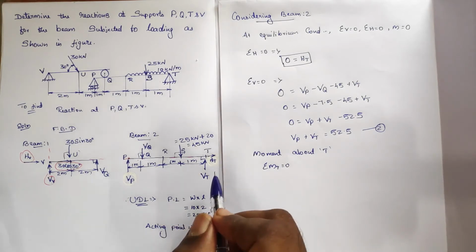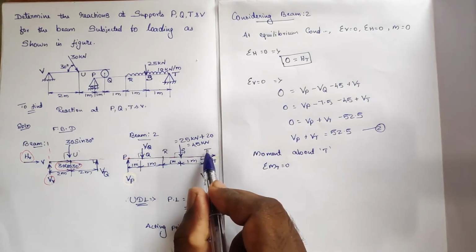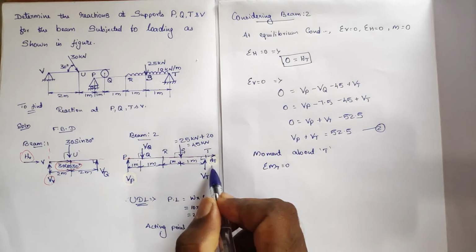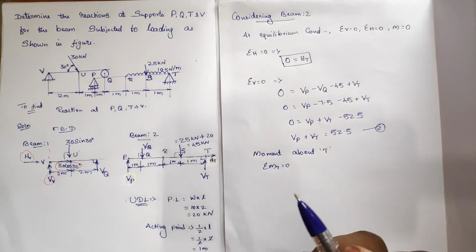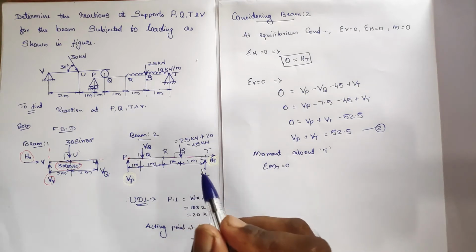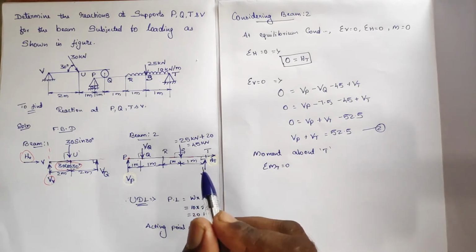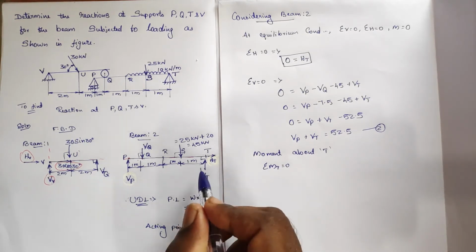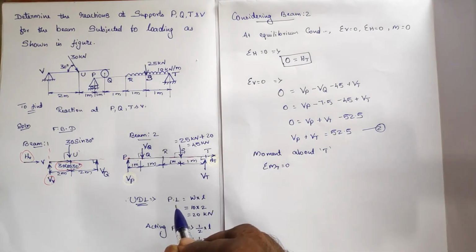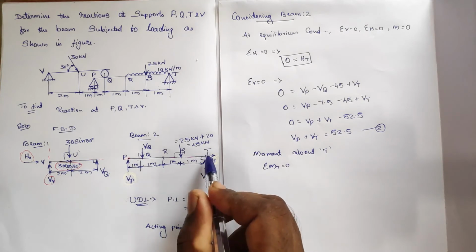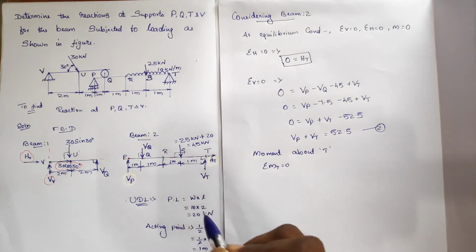So why? Because when you come to the end T, we have two unknowns. When you are taking the moment, the forces acting on the same point will be 0 because of no perpendicular distance. Okay, so two unknowns are there at T, VT and HT.